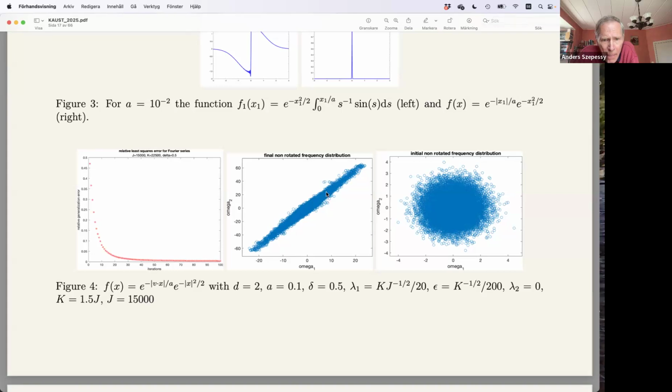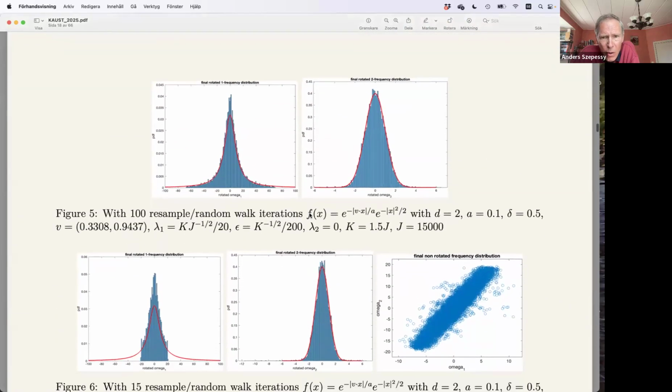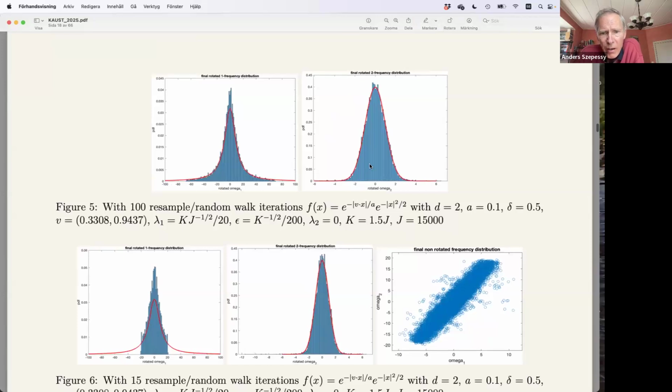And here is the final frequency distribution. And then we compare here with the optimal. So here is the direction where it is standard normal. And you see the red curve is the optimal distribution, and the blue histogram is what we have sampled.